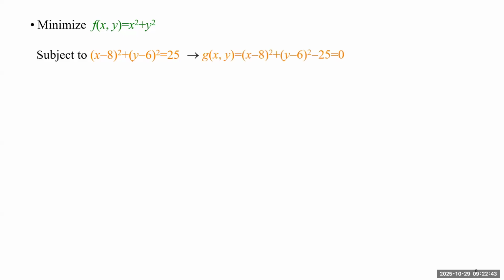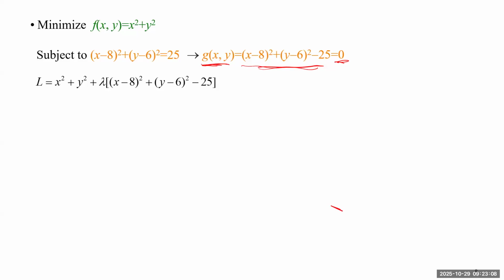First, we want to convert the equation into the standard form. In the standard form, we have on the left-hand side some nonlinear function, g, and on the right-hand side we have 0. So g is equal to 0. This will be our standard, and this part will be the nonlinear function for the equality constraint.